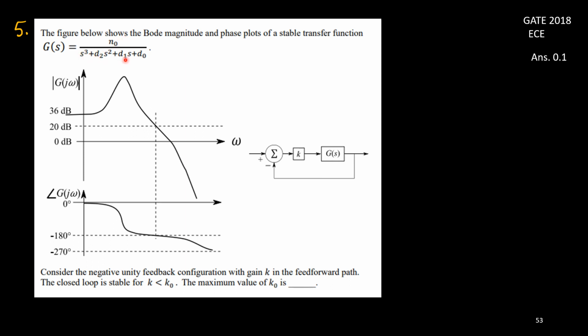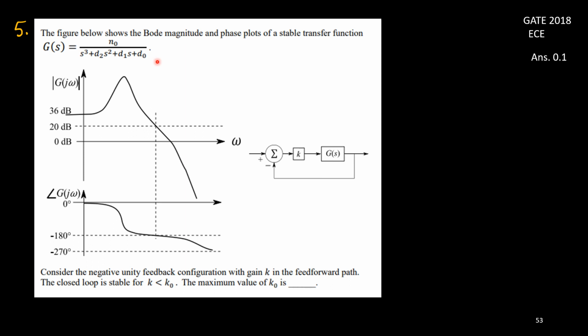Whenever there are 3 poles, at the end you will get a slope of minus 60 dB per decade in the Bode plot, because each pole contributes minus 20 dB. And for the phase, each pole should provide minus 90 degree when omega is very large. So 3 poles means 3 into 90, minus 270 degree.